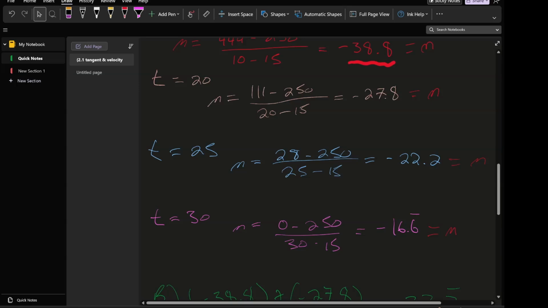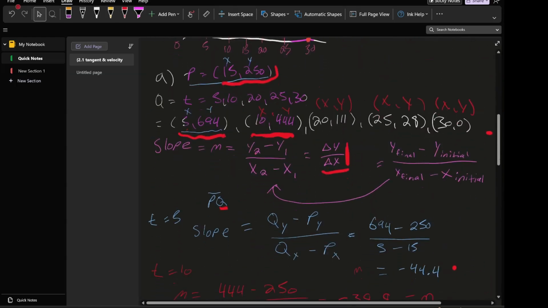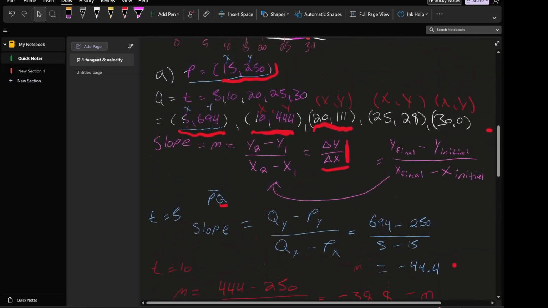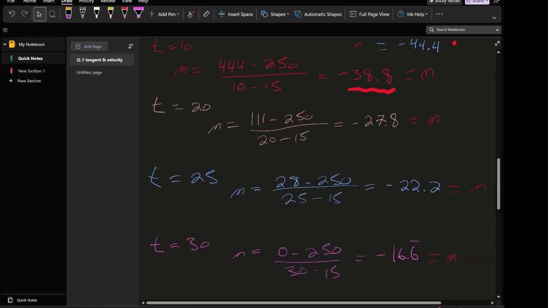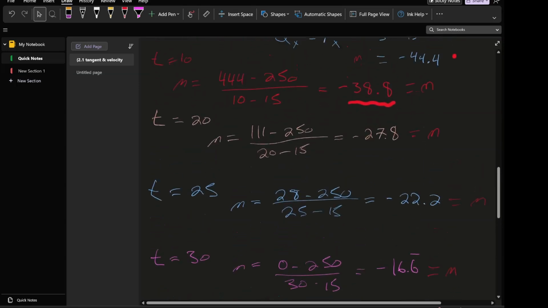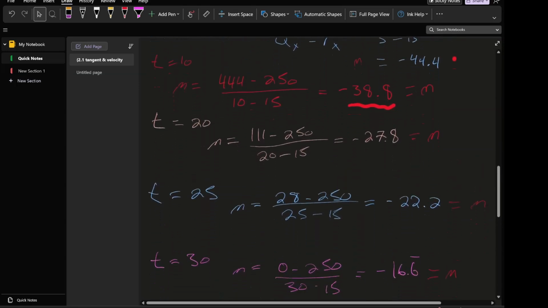At t equals 20 minutes, your slope is 111 minus 250 over 20 minus 15. You get negative 27.8. And that comes from this ordered pair that you're using for Q. And you're still using the same P coordinate because you're looking for the slope of the secant line at point P, line segment PQ.